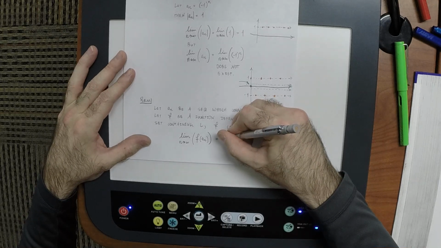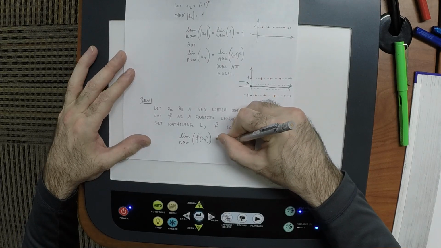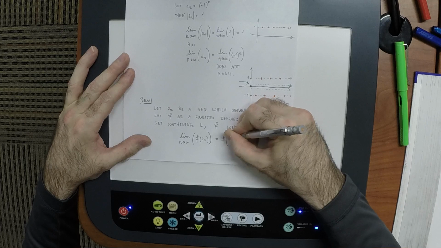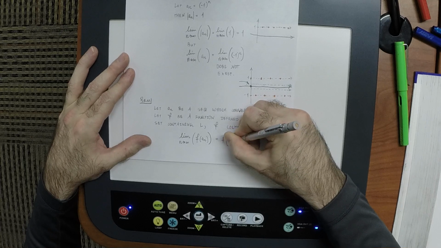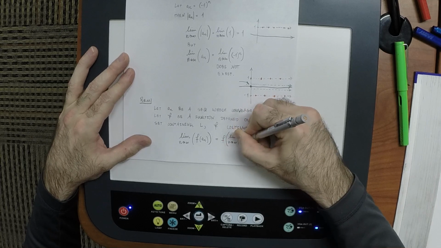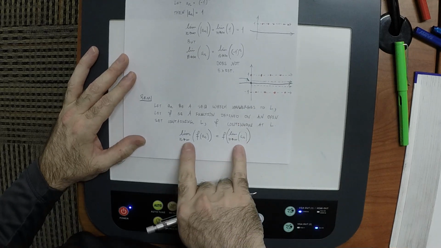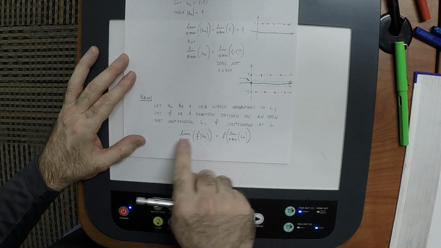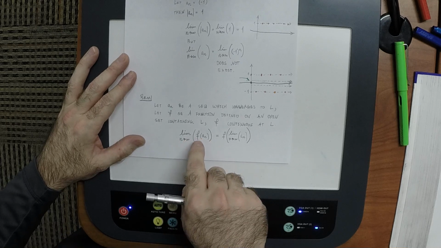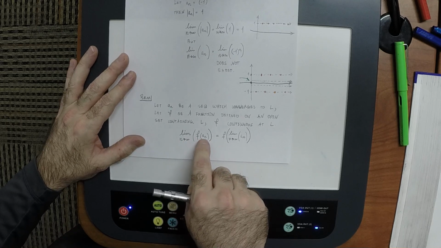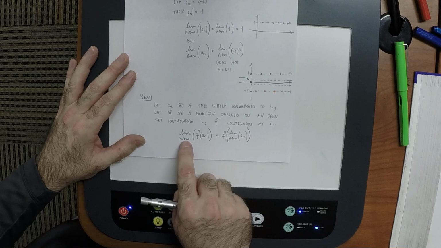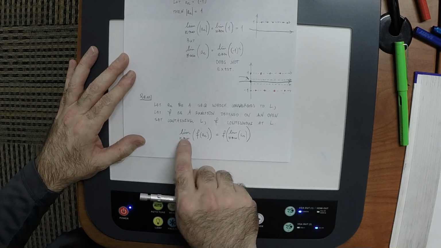So I'll write it like this. You could say it like this: f of the limit as n goes to infinity of a_n. So that's saying that, according to this, we'll evaluate f at every term of the sequence and then compute the limit. So this is evaluate f first and then compute the limit.